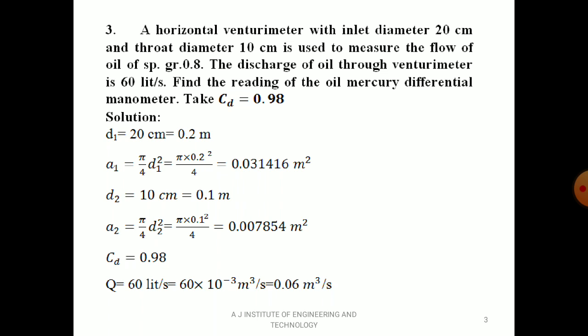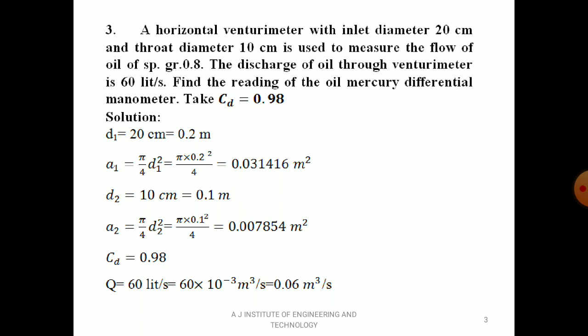So this problem is related to a horizontal venturi meter with inlet diameter or pipe diameter equal to 20 centimeter and throat diameter 10 centimeter. It is used to measure the discharge or volumetric flow rate of oil of specific gravity 0.8.